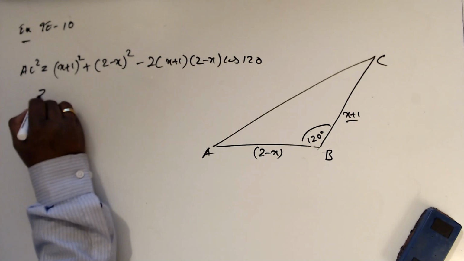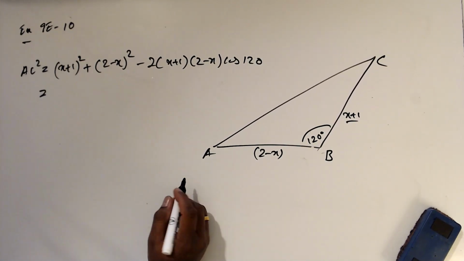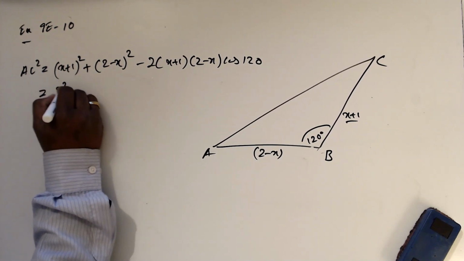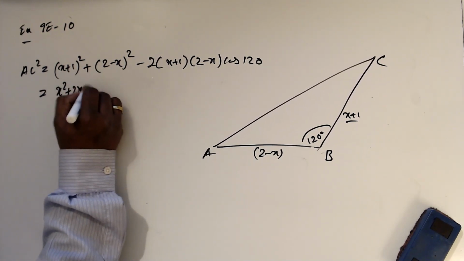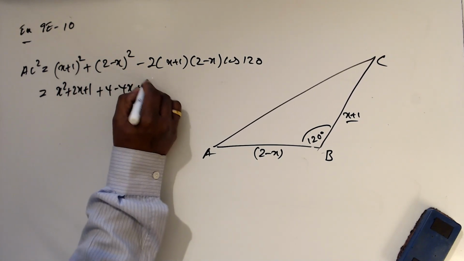So we can simplify this one. This is going to be x square plus 2x plus 1. This is going to be 4 minus 4x plus x square.